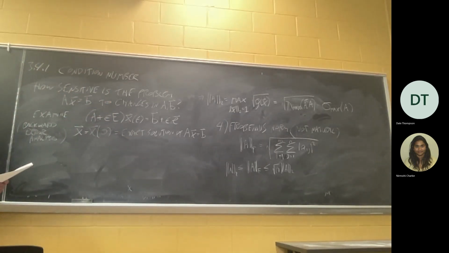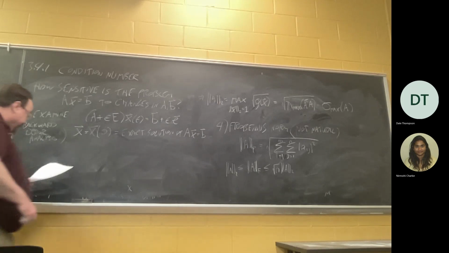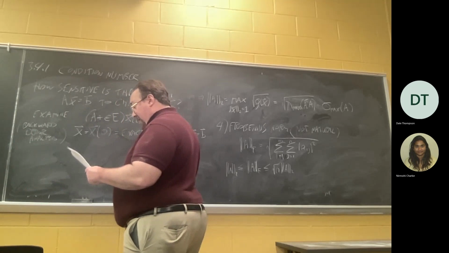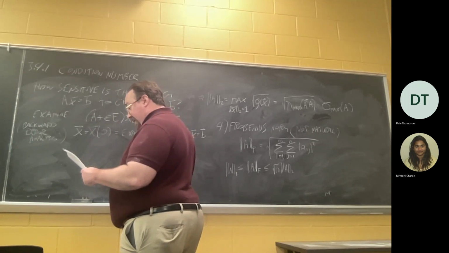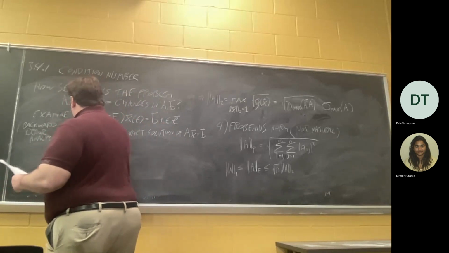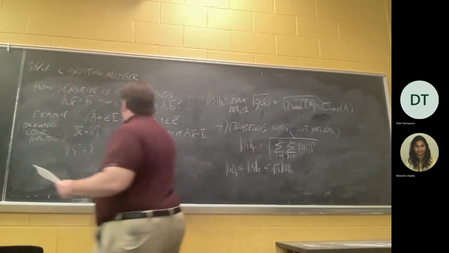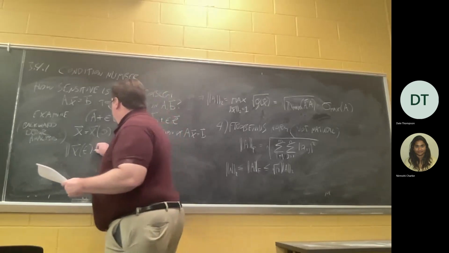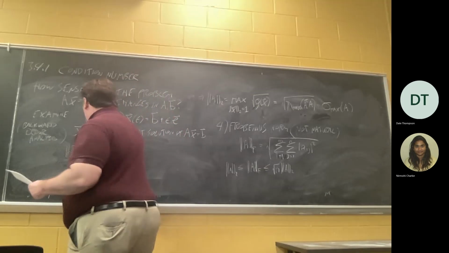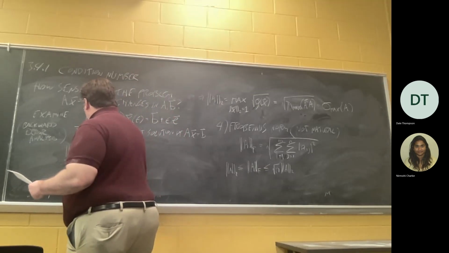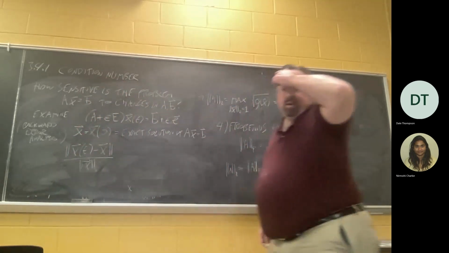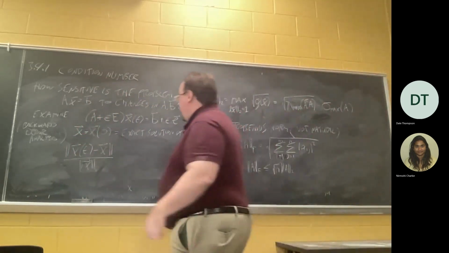Okay, so what I'm going to do is find out how much the computed solution, the perturbed solution, deviates from the exact solution by finding an upper bound for this ratio of norms here.